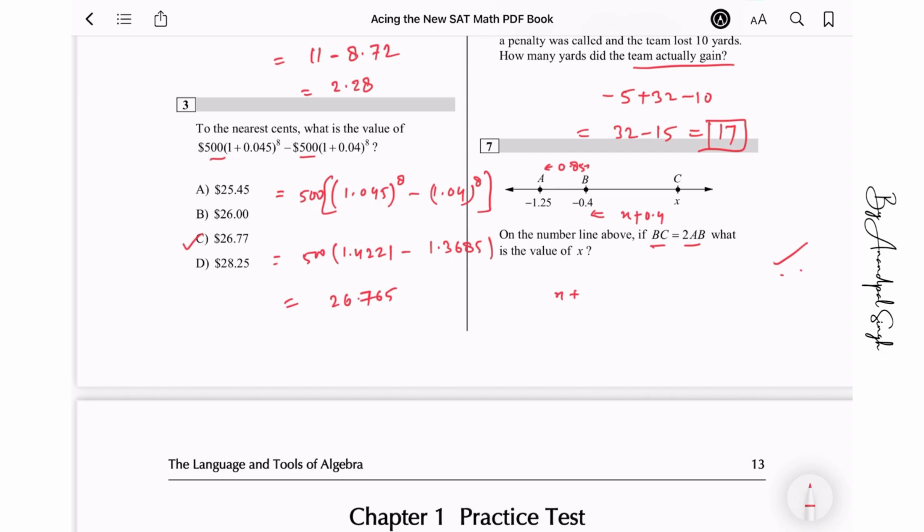So he's saying that x plus 0.4 is twice of 0.85. That means x plus 0.4 is 1.7. Then subtracting 0.4 from both sides, I get x equals to 1.3. It means what's the value of x? It is 1.3, and that is the answer.